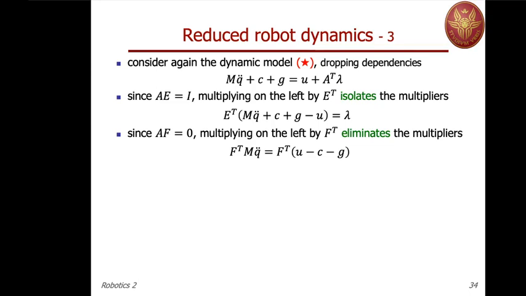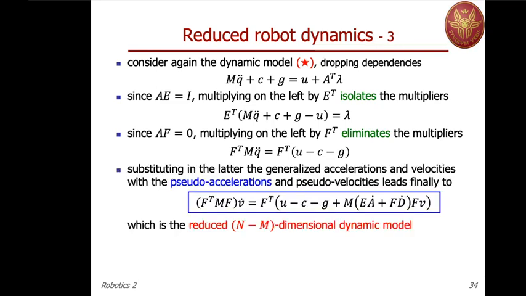And we still have Q double dot, which is n dimensional, but we have found in the previous slide an expression of the actual acceleration of the generalized coordinates in terms of the pseudo acceleration v dot. So if we replace this into this equation, we end up with the following expression.